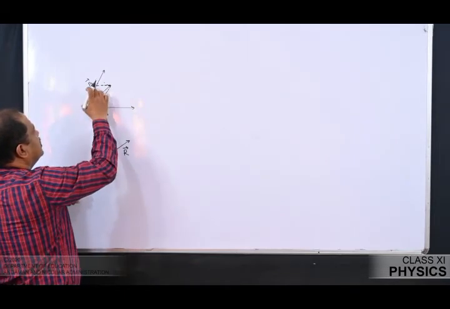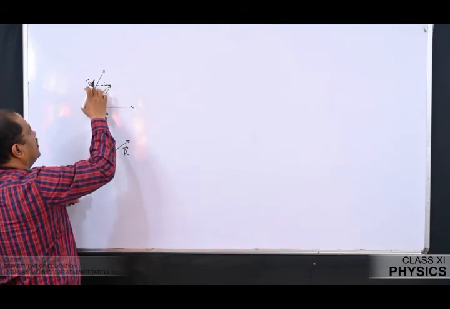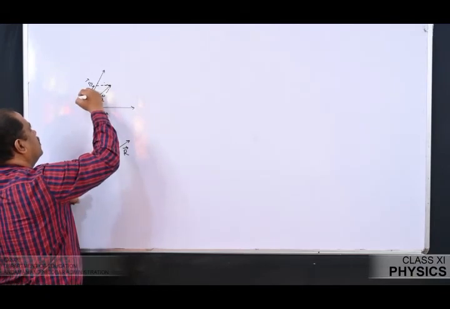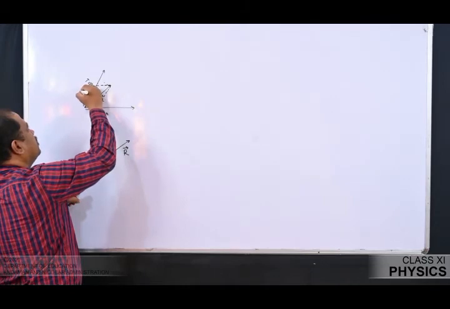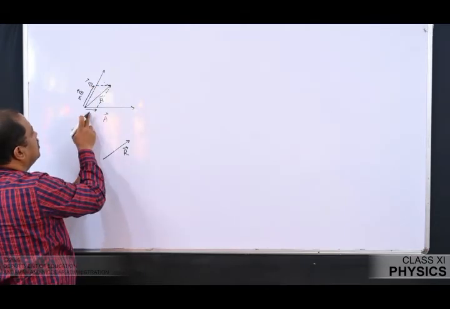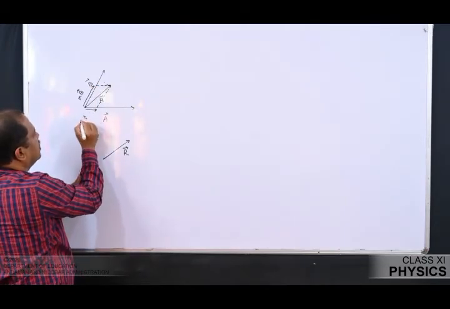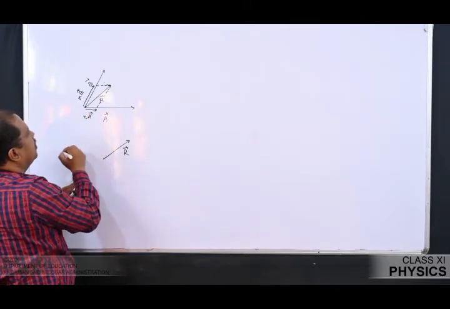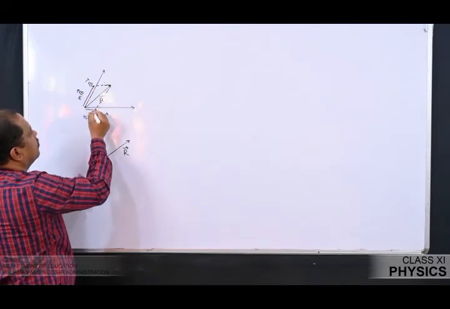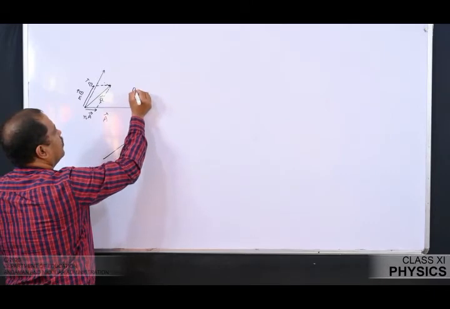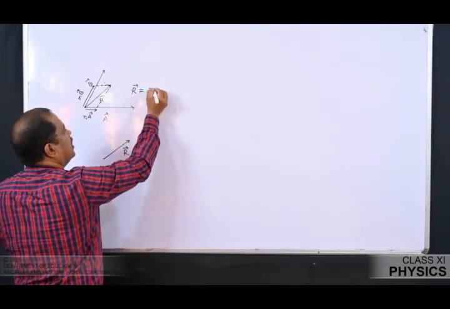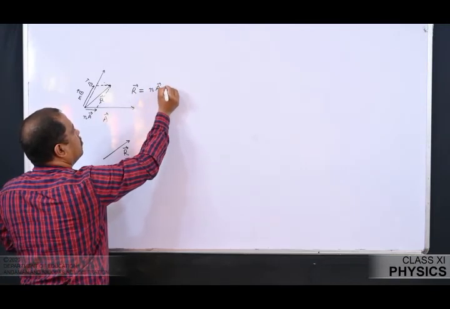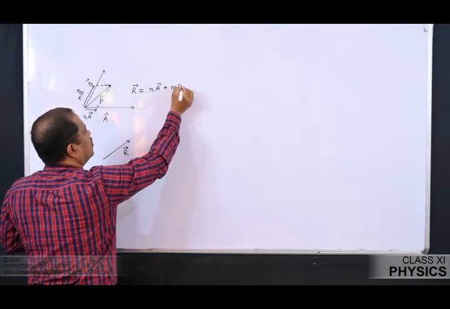So in that case, this vector having this magnitude will definitely be some scalar times the magnitude of B, and similarly this is going to be some scalar times of A. Now if I use the parallelogram law of vector addition, I'll see that vector R can be written as the sum of n times A plus m times B.